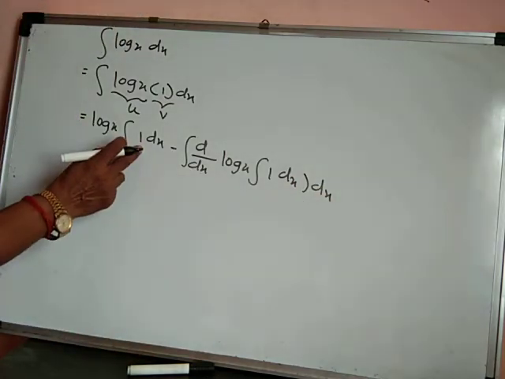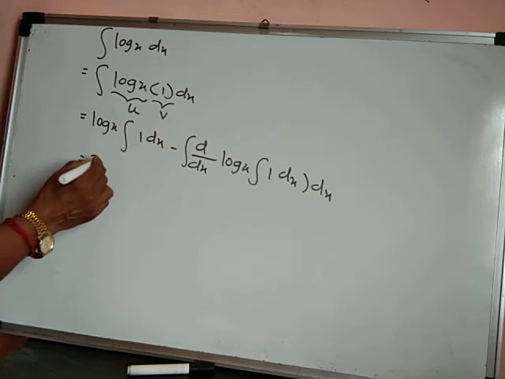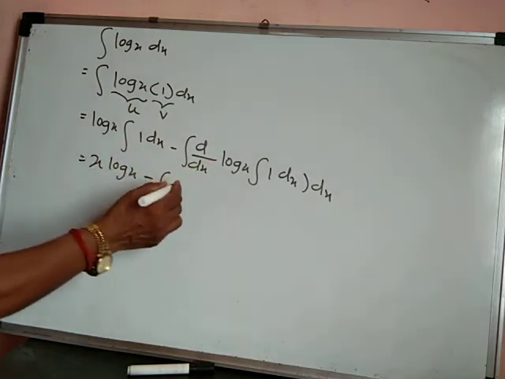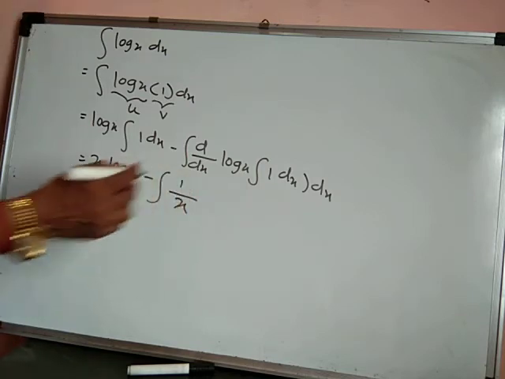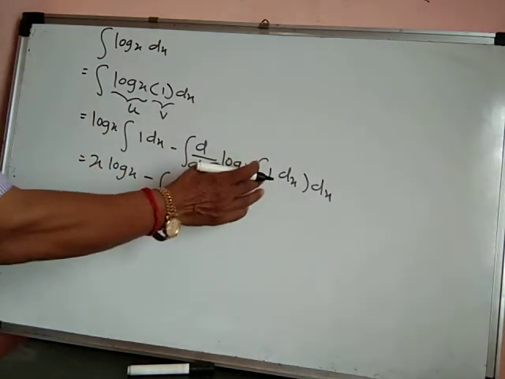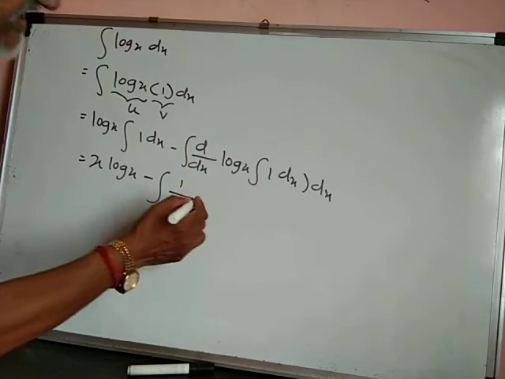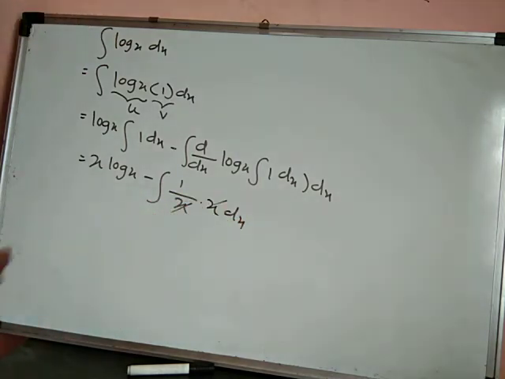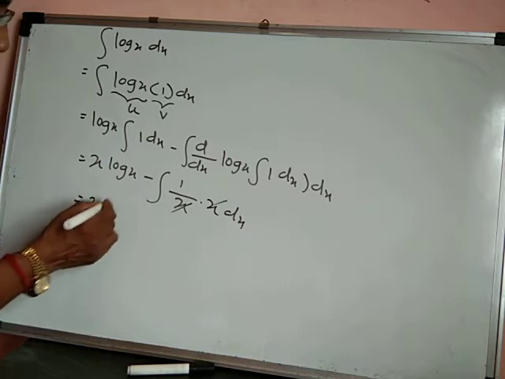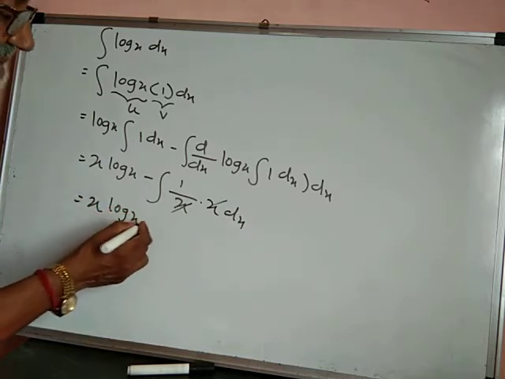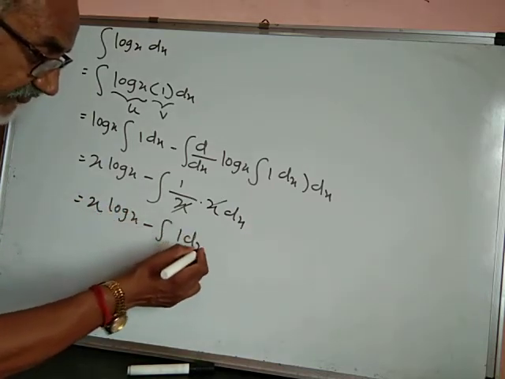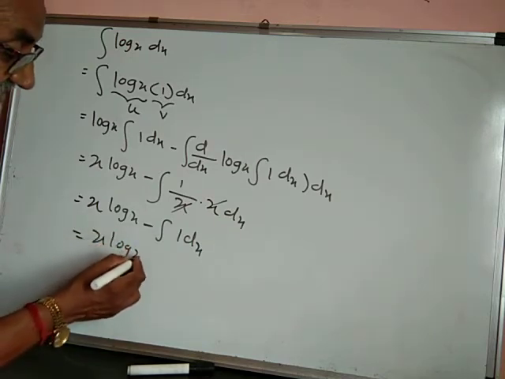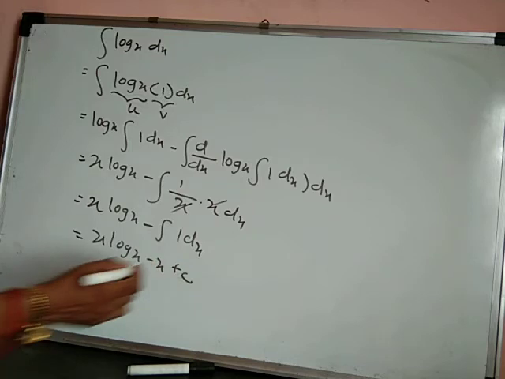So integration of 1 is x. So x log x minus derivative of log x is 1 upon x, integration of 1 is x, so x dx. x and x get cancelled. So this is x log x minus integration of 1 dx. So this is x log x minus x plus c.